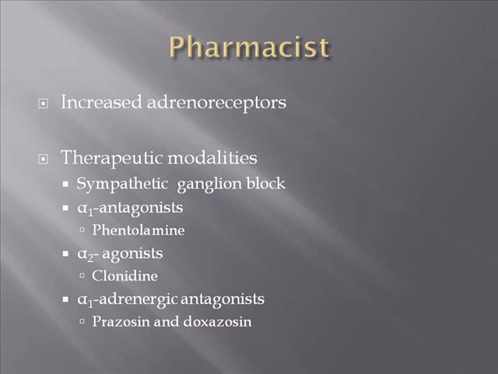And so all of these modalities, by reducing the release of norepinephrine, or reducing the impact of norepinephrine stimulation, may be possible avenues for pain relief in the setting of sympathetically maintained pain.